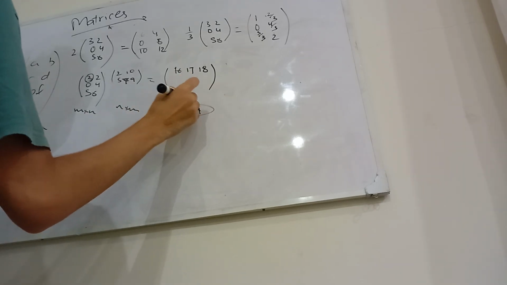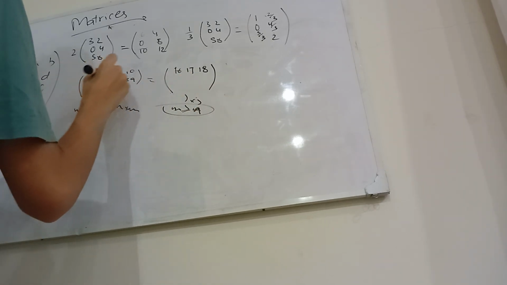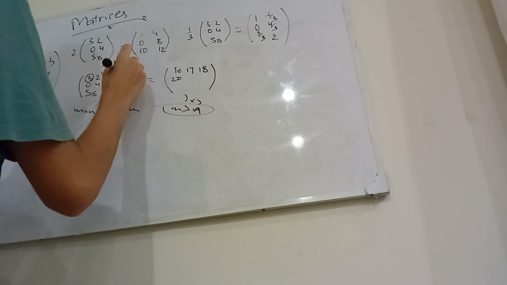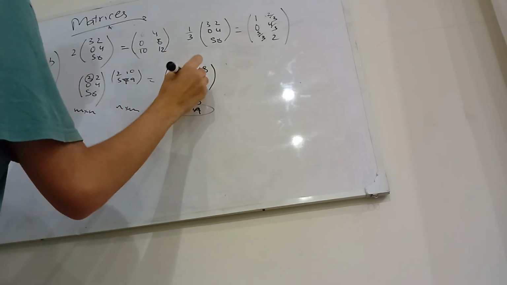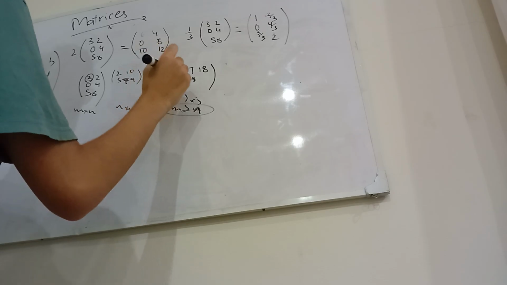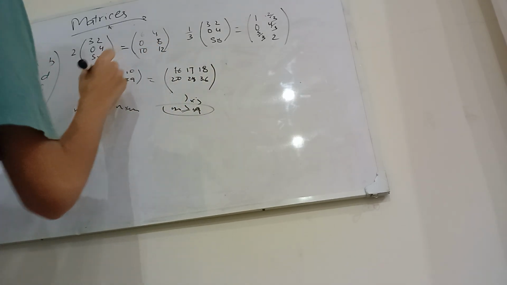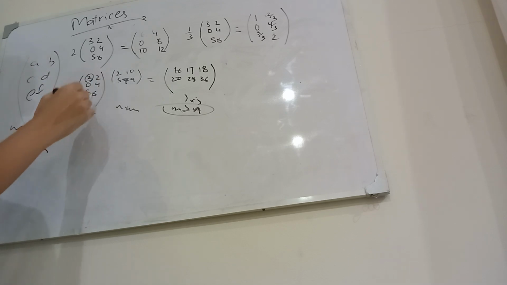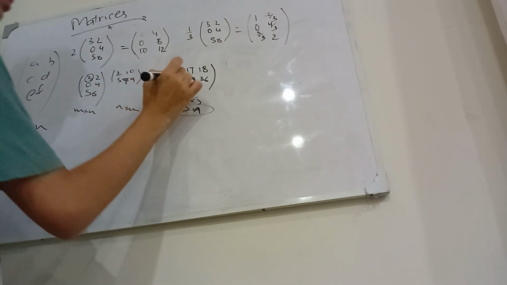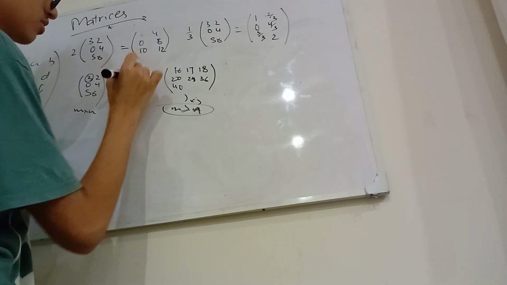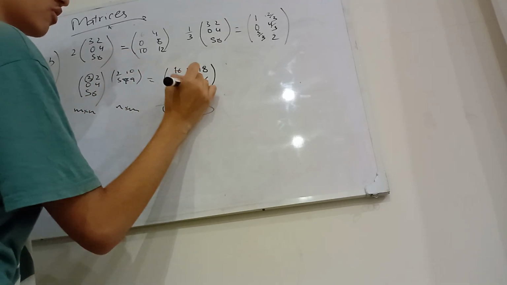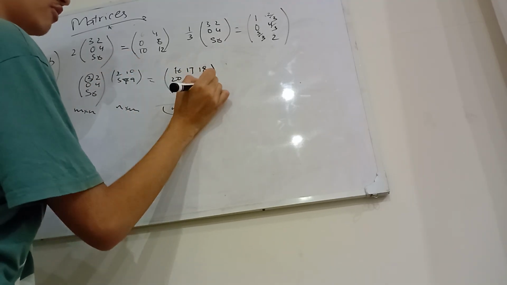A 3 by 3 matrix. 20, 28, 0 makes it easier for us. 36, 10 plus 30, 45 plus 42, 47, and 54.